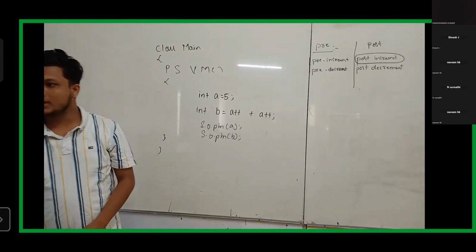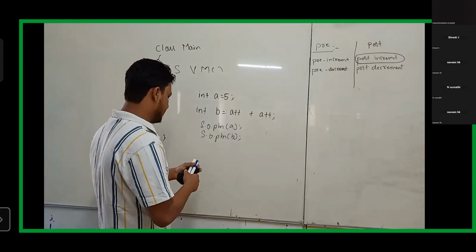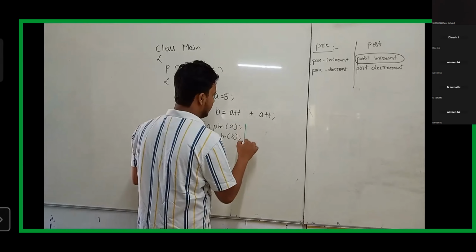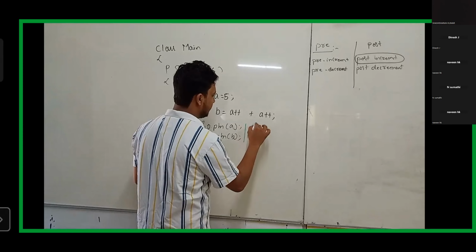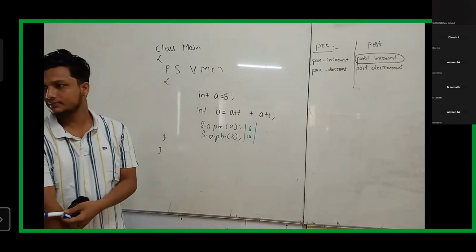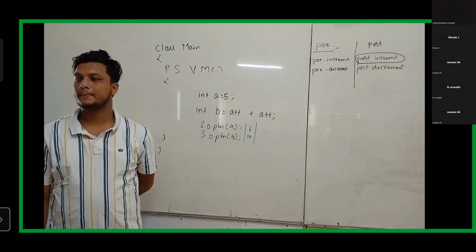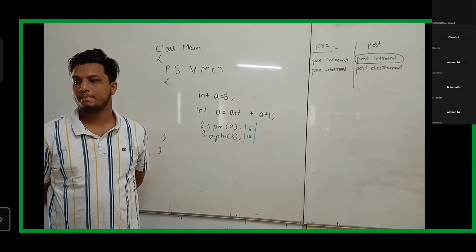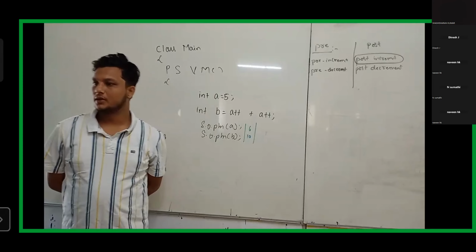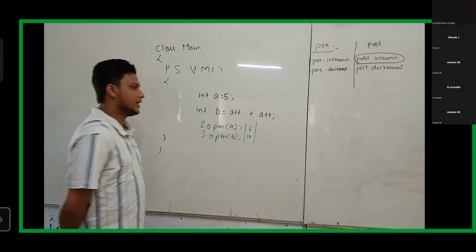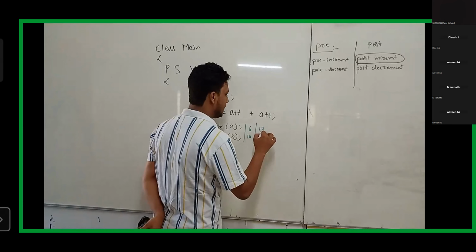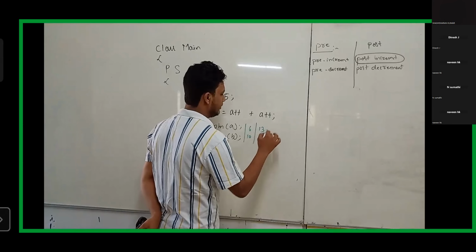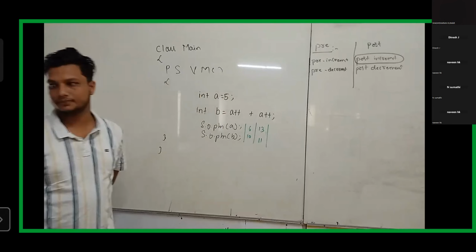6 and 10, okay. Someone is taking an answer as A value is 6, B value is 10. Okay, next answer. 13 and 11. Okay, A value is 13 and B value is 11.